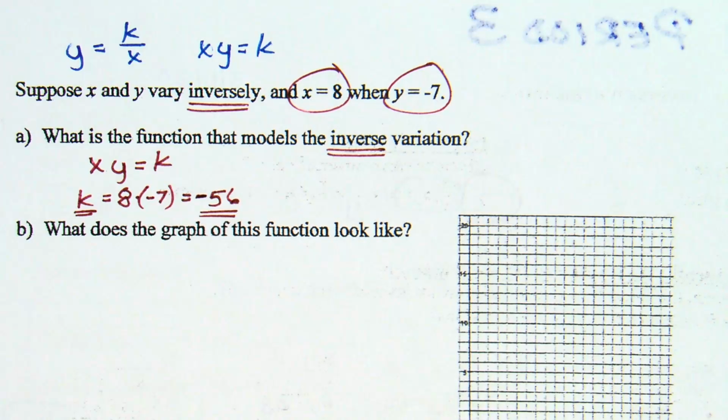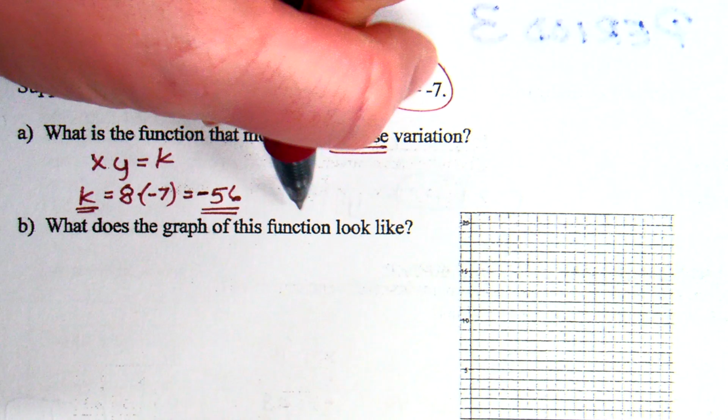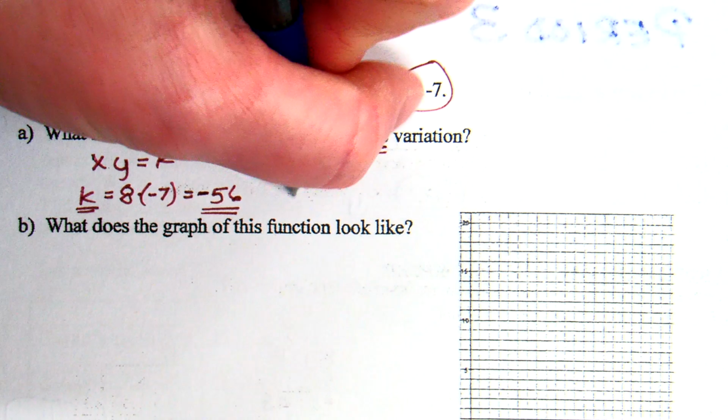If k is negative 56, what is the function that models this inverse variation? If we're filling in y equals k over x, it's y equals negative 56 over x.